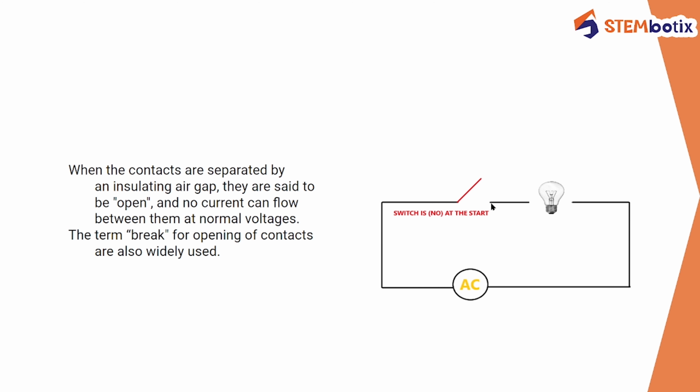Switches may be operated by process variables such as pressure, temperature, flow, current, voltage and force, acting as sensors in process and used to automatically control a system. So these are the different quantities through which you can control the operation of your switch, means from normally open to normally close or normally close to normally open.